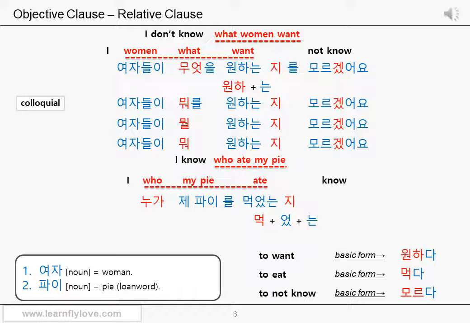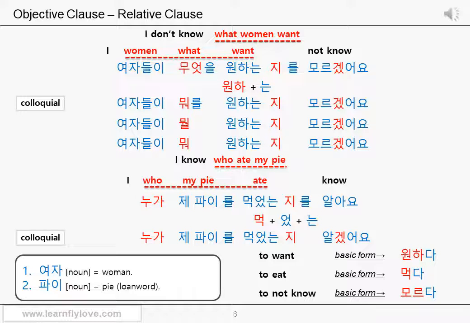Yes, you can add the object particle 를, 누가 제 파이를 먹었는지를. Know, 알아요. 누가 제 파이를 먹었는지를 알아요.